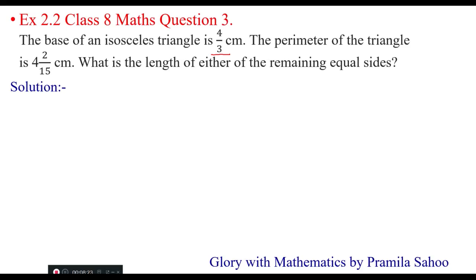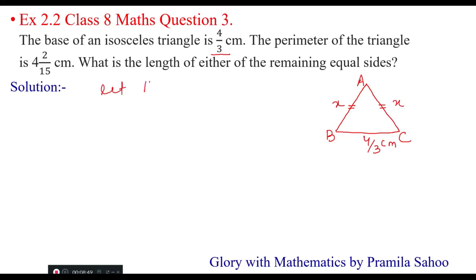An isosceles triangle is a triangle in which any two sides are equal. Let us take ABC as an isosceles triangle. Here BC is given as 4 by 3 centimeter and AB is equal to AC.